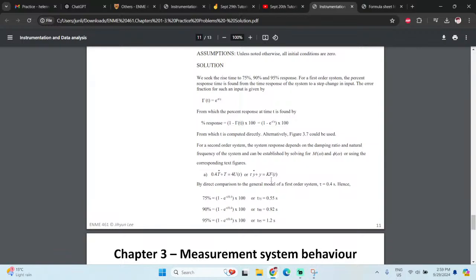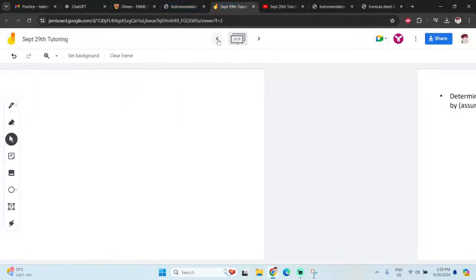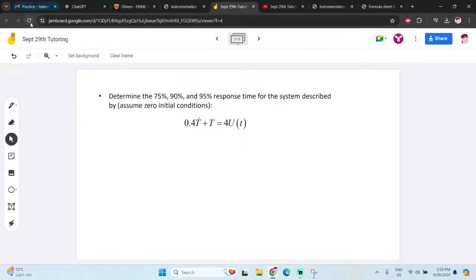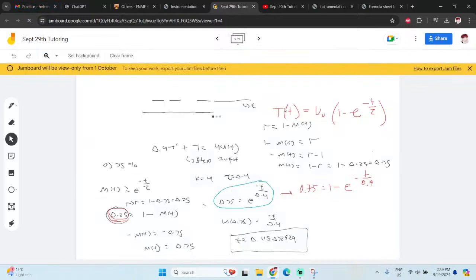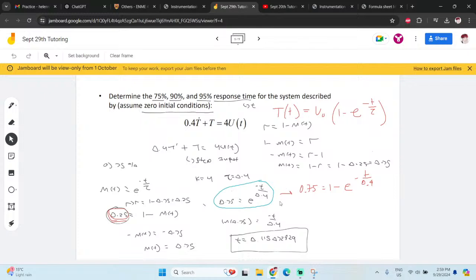If you check page 5, you remember here you got 0.75 equals e to the power minus t over 0.4.